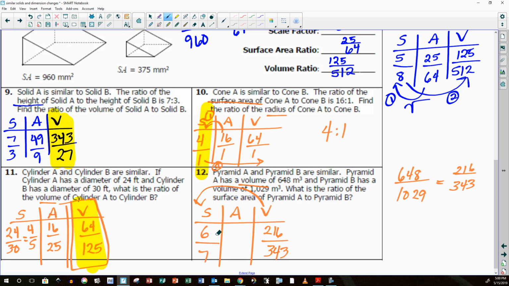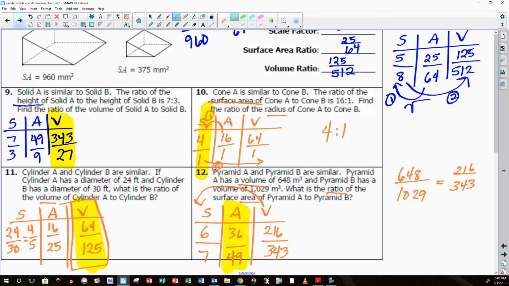Now I can square both of these to go back this direction. So this would be 36 over 49. They're asking me about the ratio of area, so they are asking me about this column.